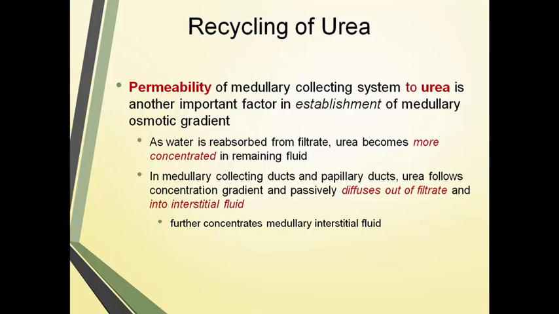So as the water is reabsorbed from the filtrate, the urea becomes more concentrated as it remains in the fluid. In the medullary collecting ducts, the papillary ducts, the urea follows that concentration gradient and now passively will diffuse out into the filtrate and then into the interstitial fluid. So again, this will concentrate your medullary interstitial fluid, keeping the medulla salty.